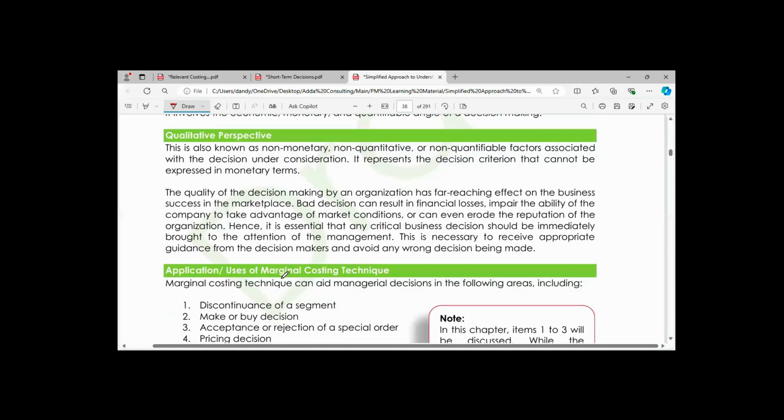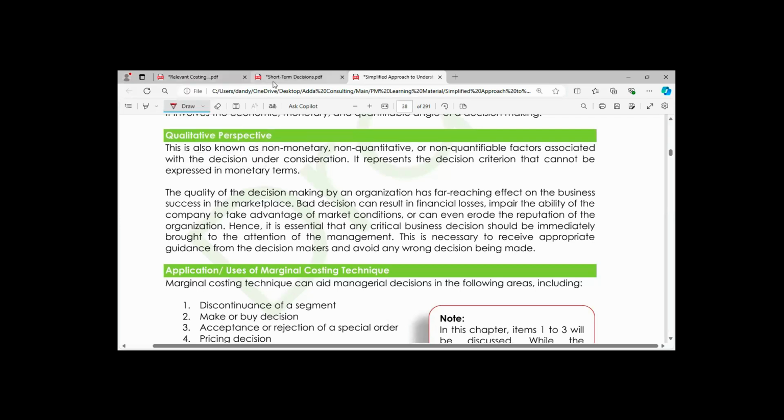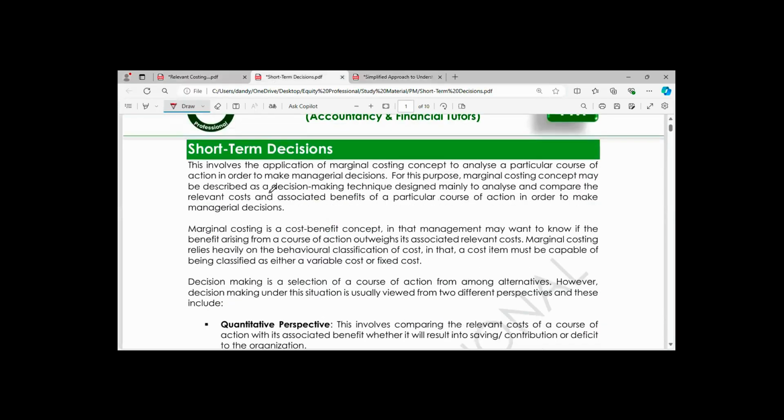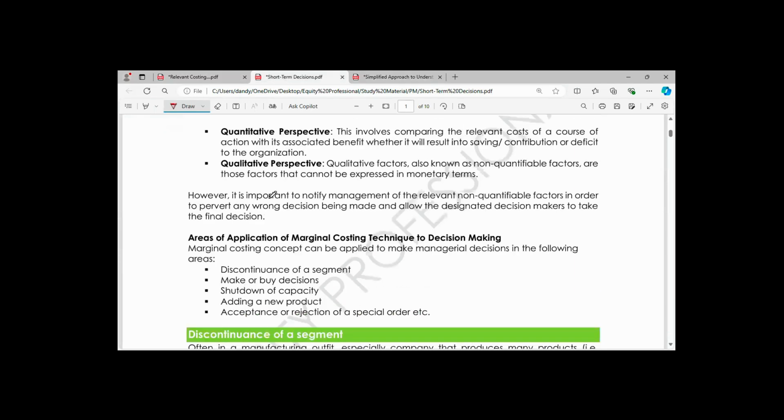Now, the next thing we are going to discuss is the areas of application of marginal costing technique.